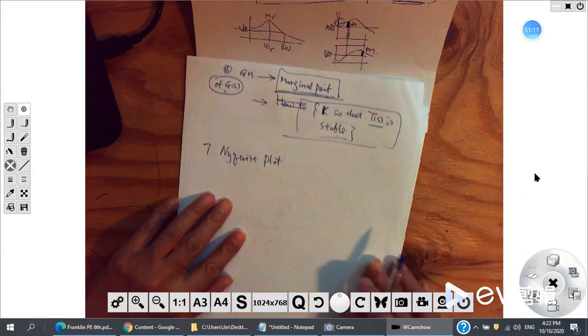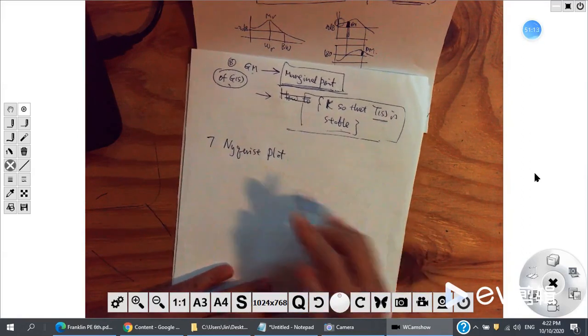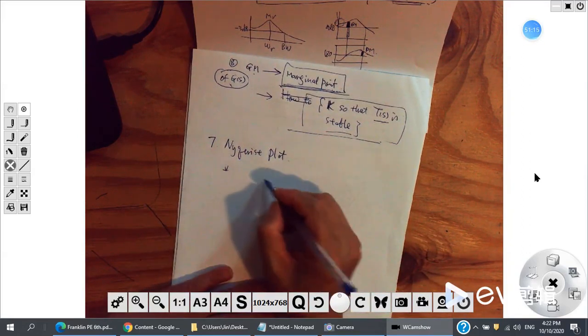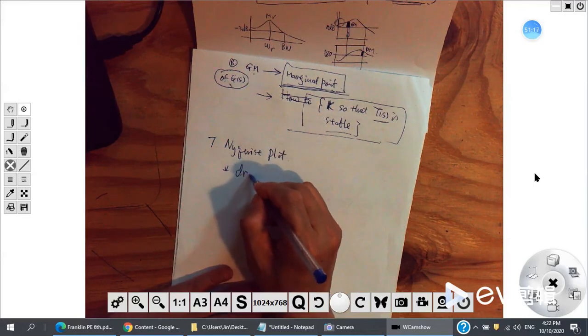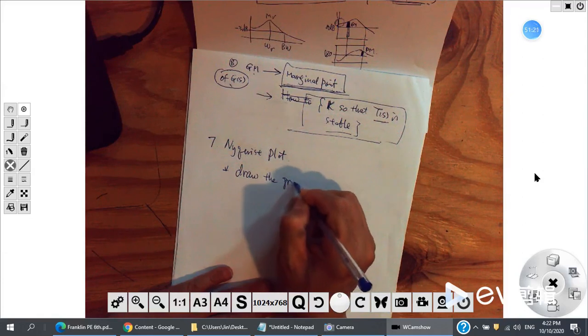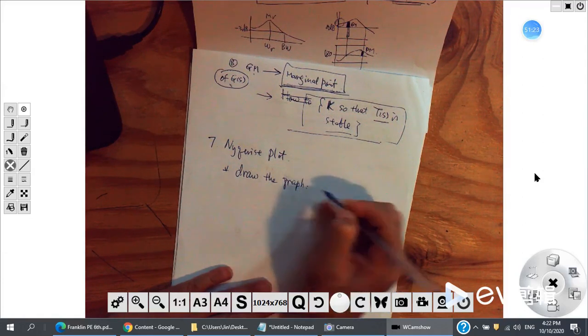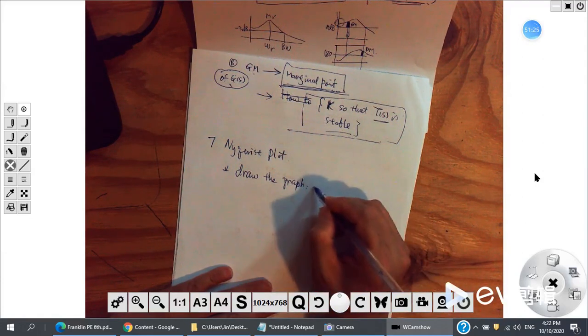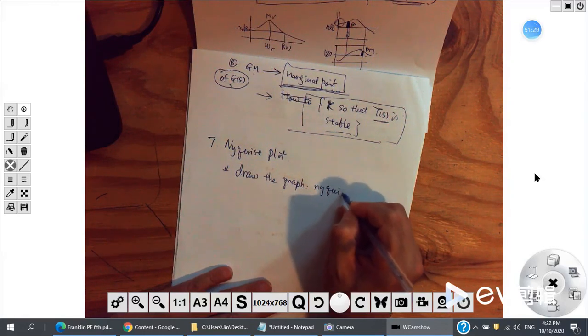Okay, so for Nyquist plot, we still have two things. You need to know how to draw the graph. Use computers to just Nyquist. Use MATLAB.